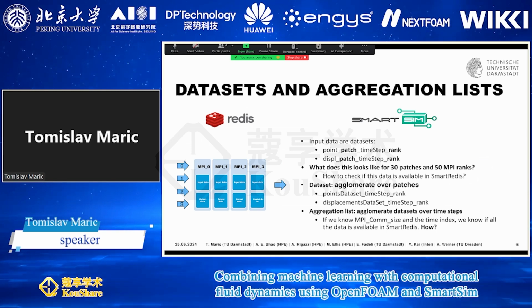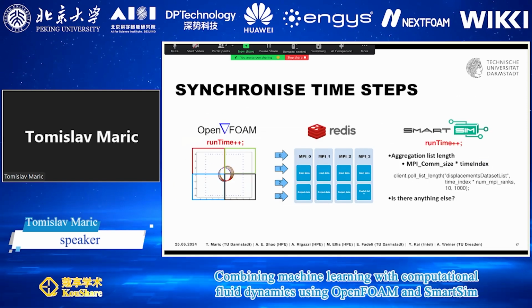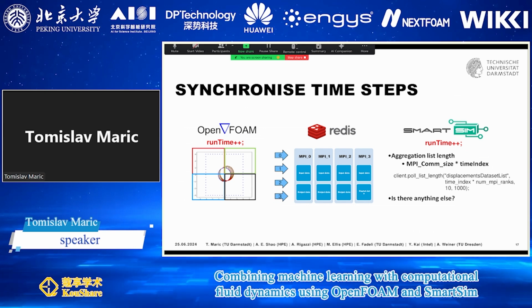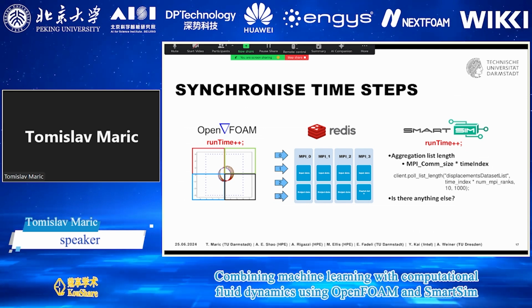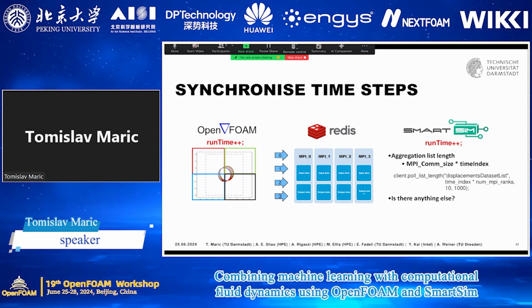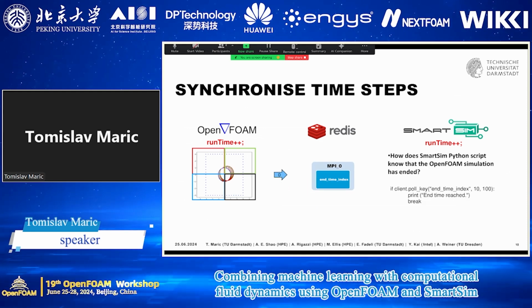Yes, I have. And for this, the API is also very simple. Okay, and then we basically synchronize using this length of the aggregation list. And then we know that our machine learning model has received everything that it needs, and then we train.